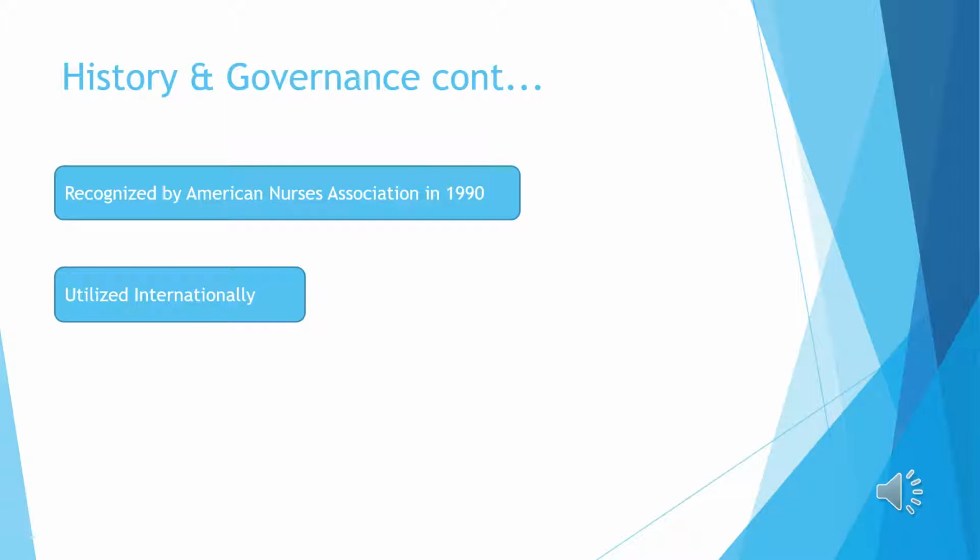It is also included in other applications such as SNOMED CT and the accreditation standards of the Joint Commission. With this, the terminology is also used internationally, in which it can be translated into various languages for usage.